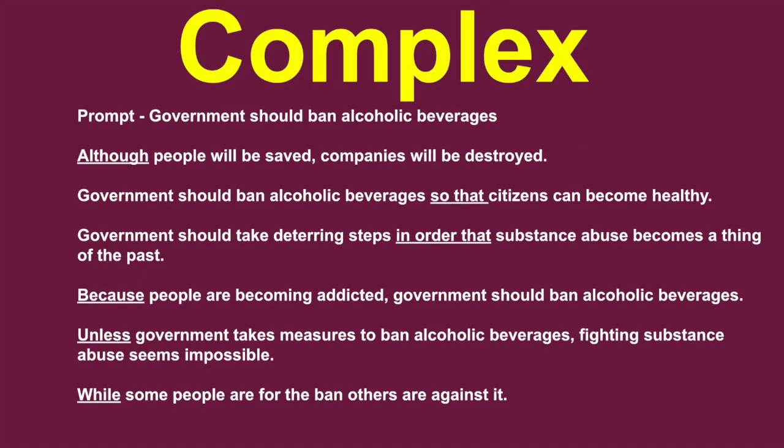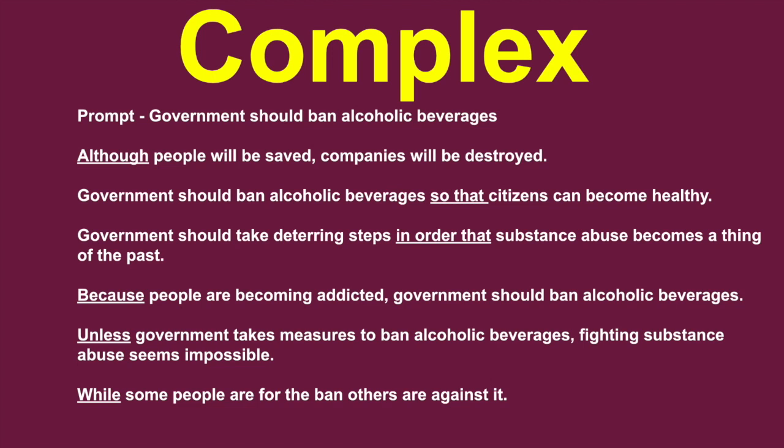Complex sentence. Now this is the most important kind of sentence, and you should be using at least 5 complex sentences in your essay. The more complex sentences you use, the better chance you have of improving your score. We are using the same prompt here.